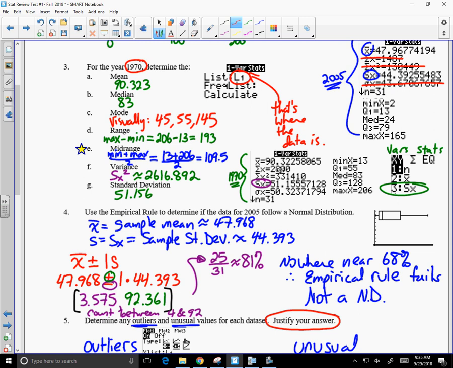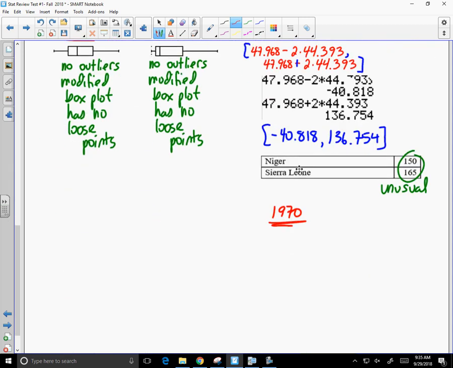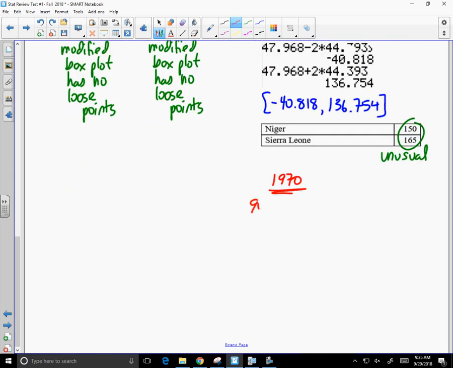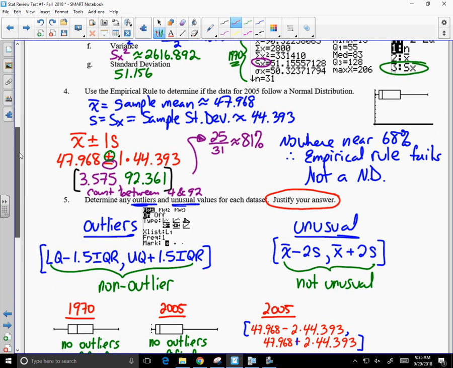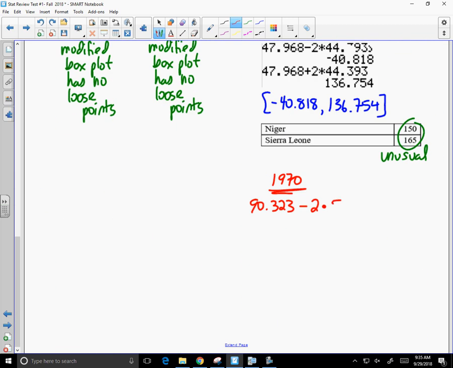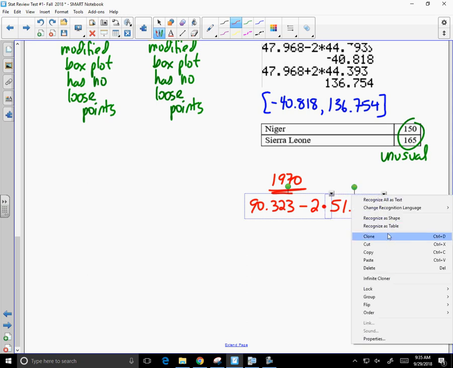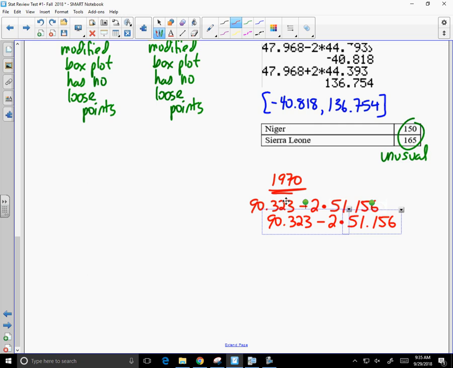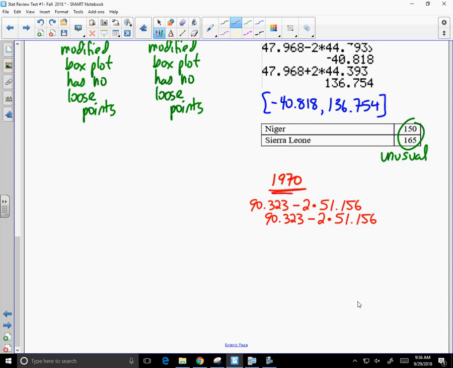So we have 90.323 minus 2 times 51.156, and then the same stuff again, but with a plus sign.